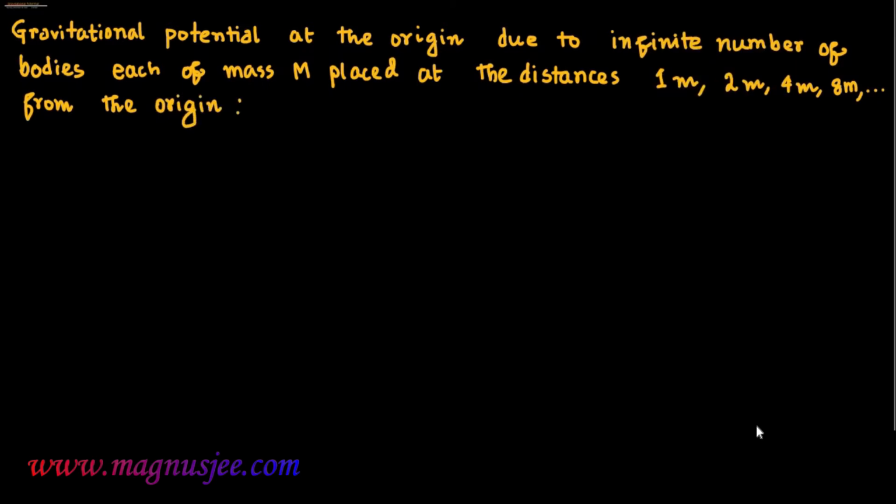So we have to find the gravitational potential at the origin due to an infinite number of bodies, each of mass M, placed at the distances 1 meter, 2 meter, 4 meter, 8 meter from the origin. So O is the origin.